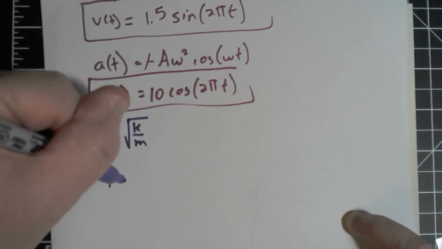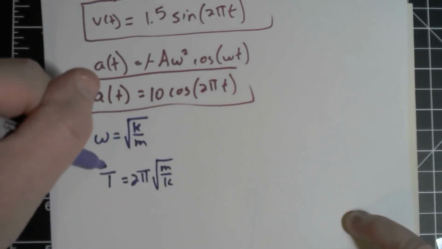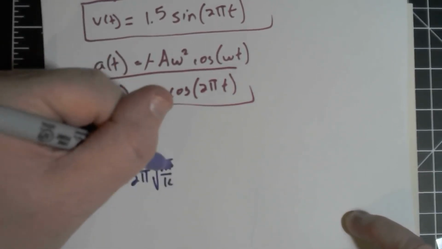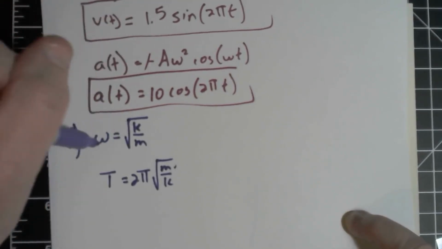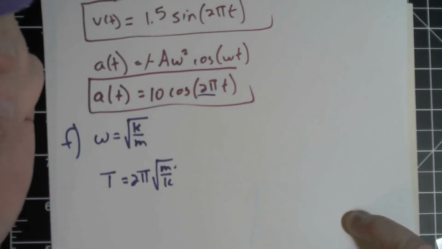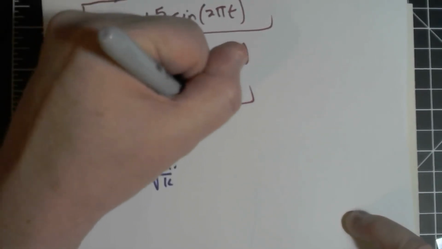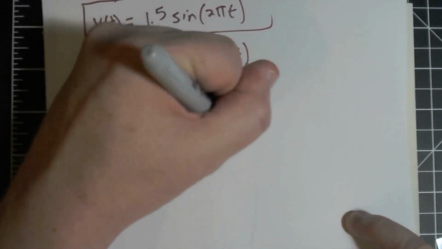You could have also done period is equal to 2 pi square root of m over k, because you know the period and you know the mass, so you can solve for k. There's all different kinds of ways. The reason why I chose this is just because I happen to know what omega is. It's 2 pi. So 2 pi is equal to the square root of k over m.